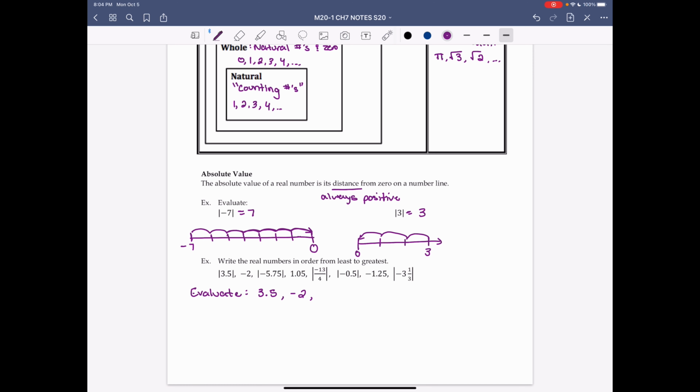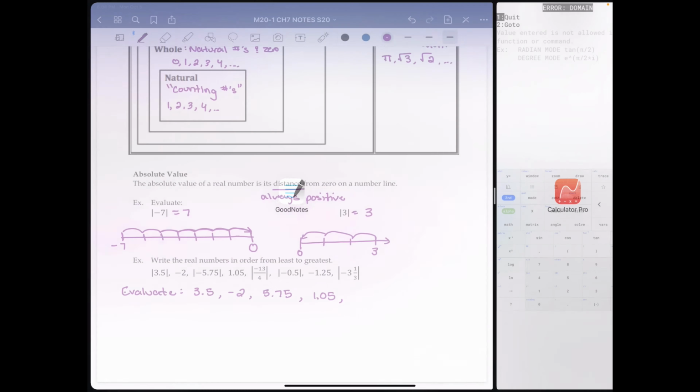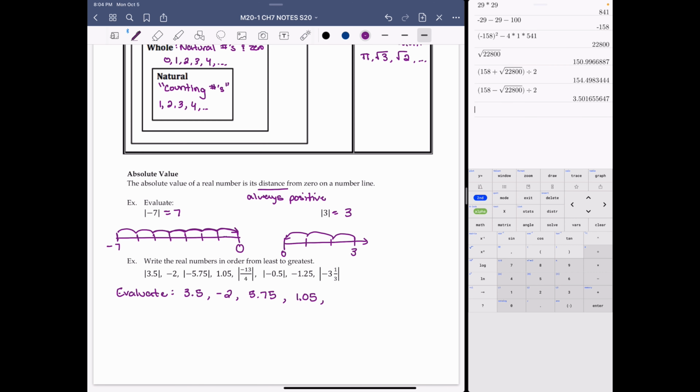The absolute value of negative 5.75 would be how far that is away from 0, which would be 5.75. Then we have 1.05. Then we have the absolute value of negative 13 over 4, which would be positive 13 over 4. Let's figure out what that is as a decimal. 13 divided by 4, we get 3.25.